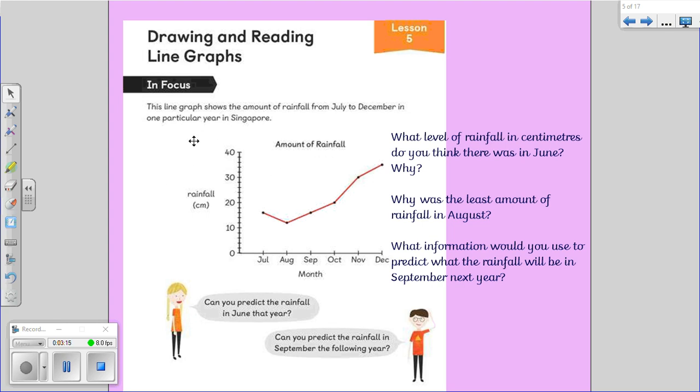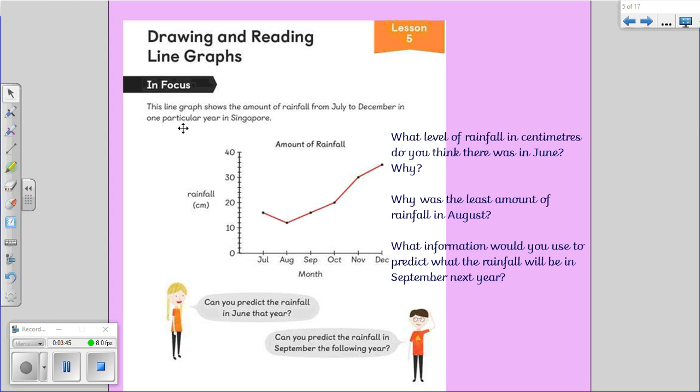So we can see the title here is showing us the amount of rainfall, and at the side here the rainfall has been measured in centimetres, and at the bottom it's the different months of the year. So we can see the average rainfall in centimetres in July, August and so on, and at the top here it tells us for the rainfall in Singapore.